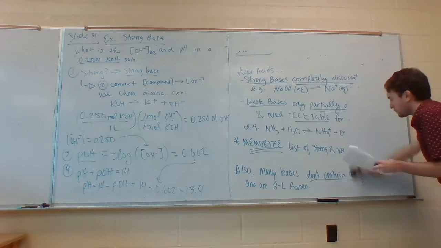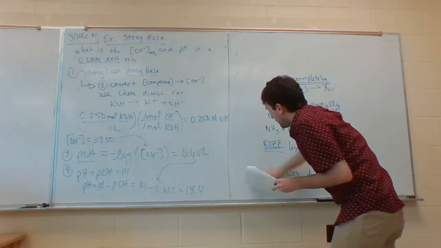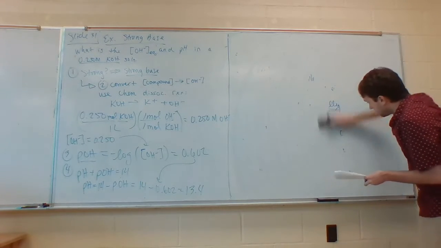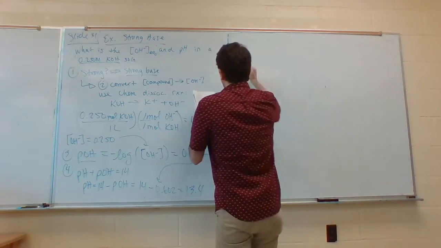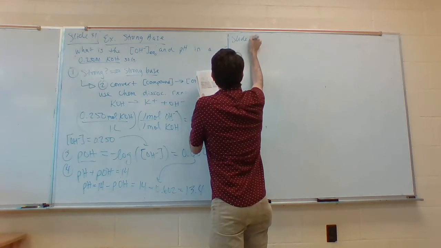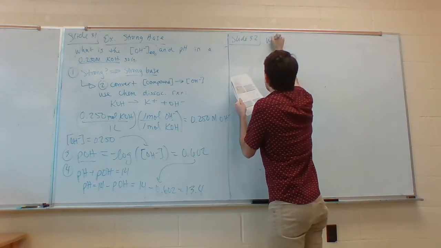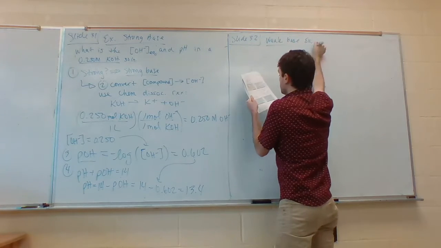All right, I wanted to give you an example using ammonia because that's going to be an example of a Bronsted-Lowry base, right, because it accepts a proton. So let's go to slide 32. All right, so weak base example.